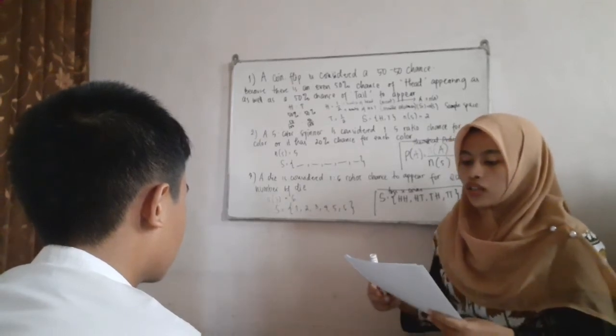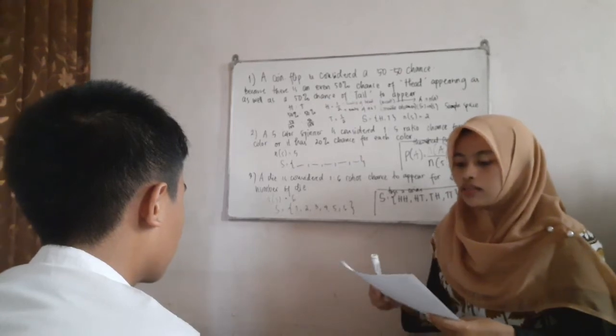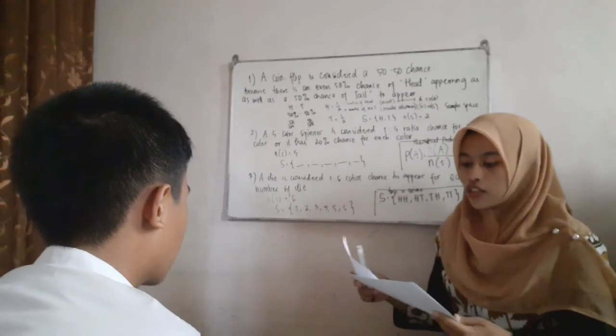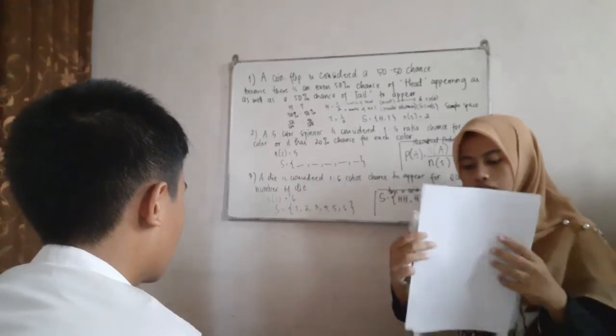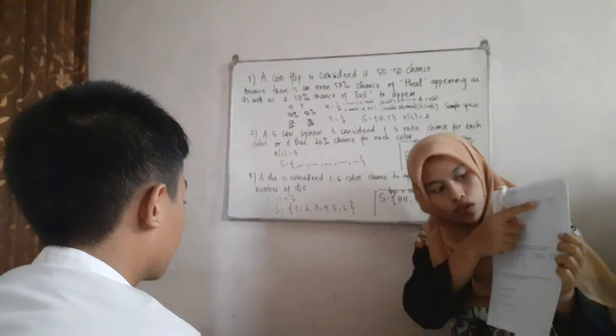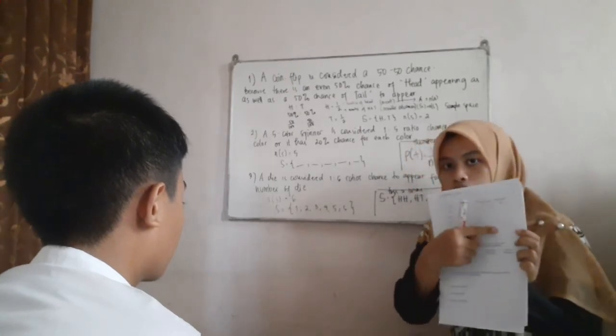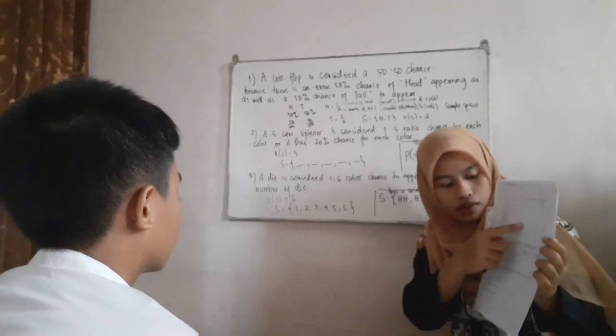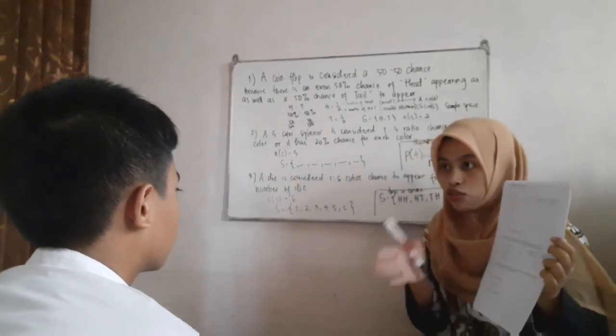I'll give you an application for the coin, rolling a die and spinning the 5-color spinner. And then here, you have to find the ratio between the number of outcomes and the number of experiments you do.